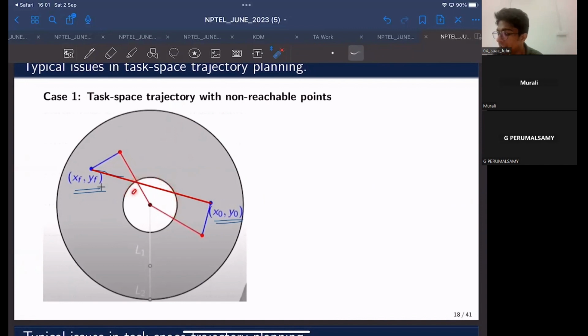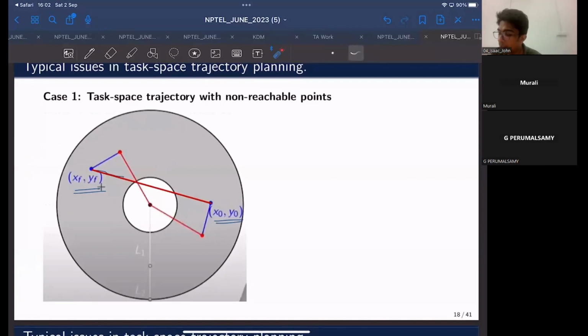So this white region is outside its workspace, right? The motion planning would essentially try to take the robot outside its workspace if you are planning this in task space.